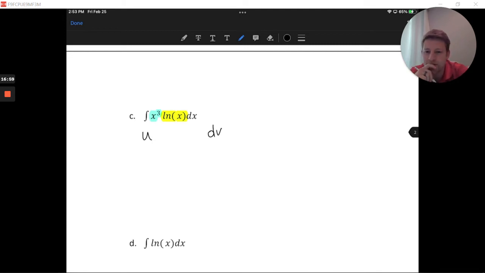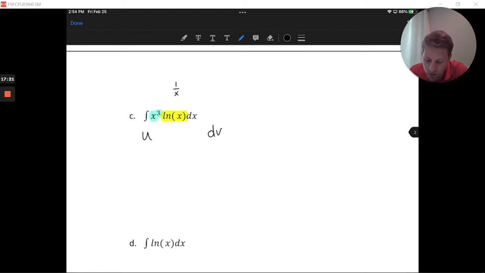So first, I want to consider which one of these I even know the derivative for. I know the derivative for x to the third, and I certainly know the derivative for natural log would be 1 over x. So both of those seem like they're simplifying in a way.